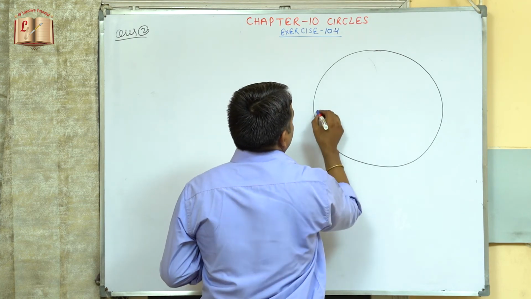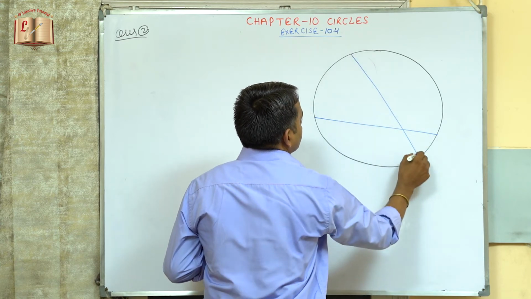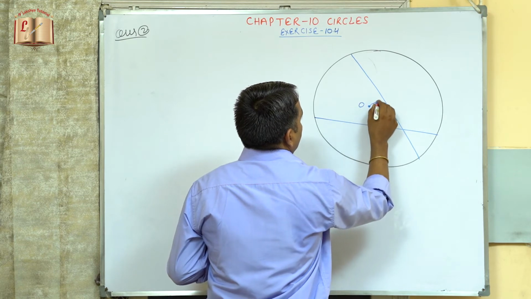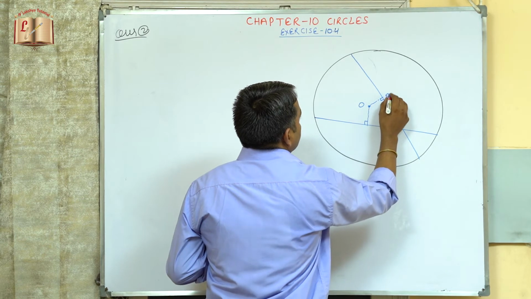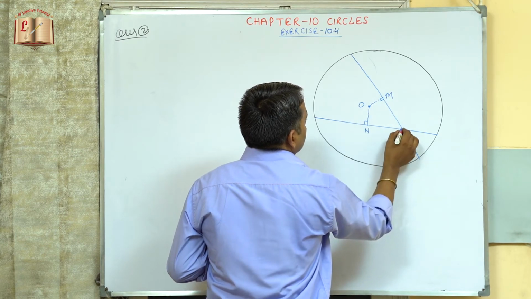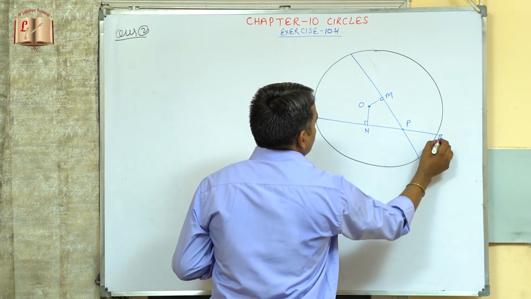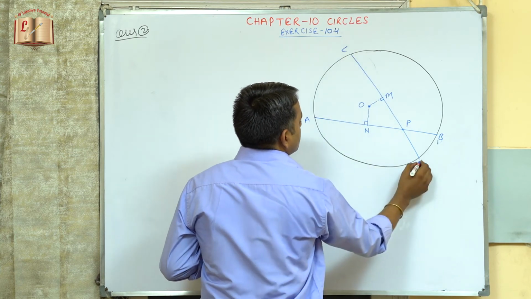It is given that two equal chords are intersecting within a circle. Suppose this is the center of the circle and it is also perpendicular. This is point M, this is N. Suppose this is point P, this is AB and this is CD.